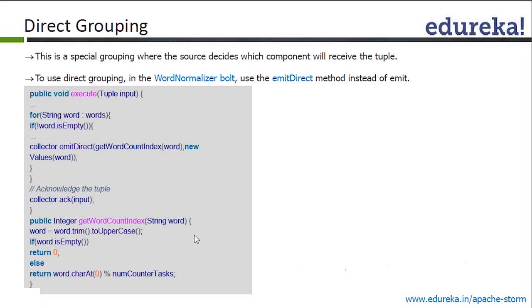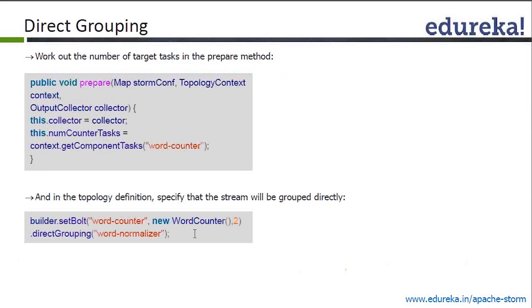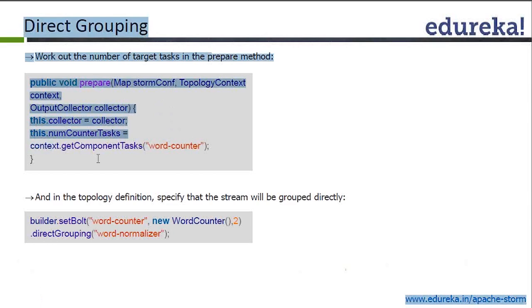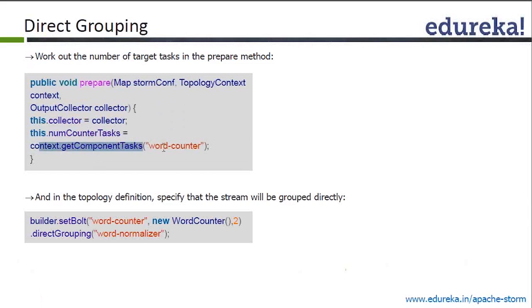For this, we have to go to the next slide. The number of target tasks is defined in the prepare method. Some of you might be thinking, what is the prepare method? It is one of the methods in bolts. I will cover it when I go to the bolt side. On the bolt side, there is a prepare method. What it does is, you can directly get the number of tasks for a given source just by supplying its alias.